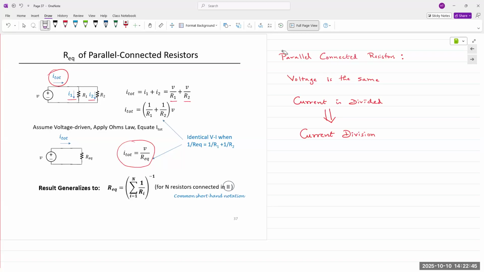And so it turns out that 1 over Req is equal to that term. And hence, when you flip, Req is the reciprocal of the sum of the reciprocals, as indicated by this equation.